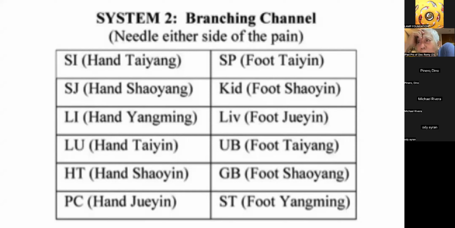Where will you point the needle in lung 7 in a feel well point? There are only two directions. Toward the lung? Will you go against it? Don't you tonify?